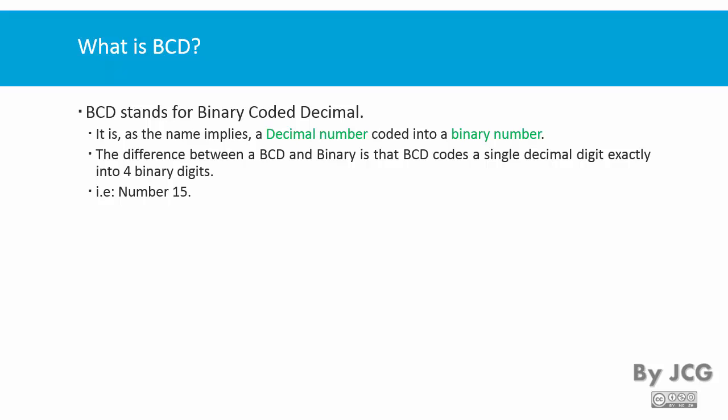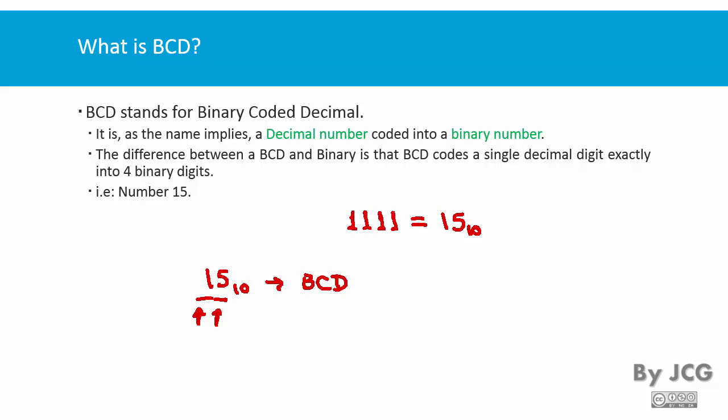Well, if we want to express number 15 in binary, and we convert this into decimal, this is equal to 15 in base 10. However, BCD is not this, because BCD says that we need one decimal digit into 4 binary digits. So if we want to code the number 15 in decimal into BCD, we need 1 here, this is 1 digit, the number 1, and we have the number 5, which is another digit.